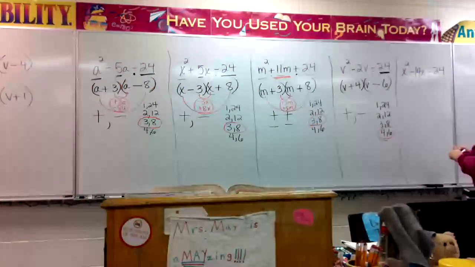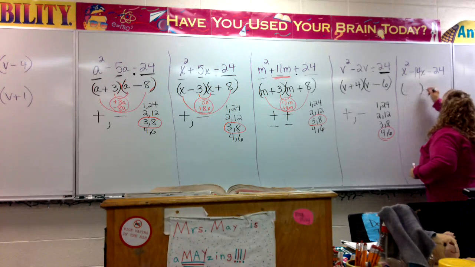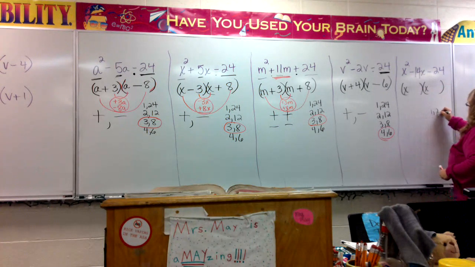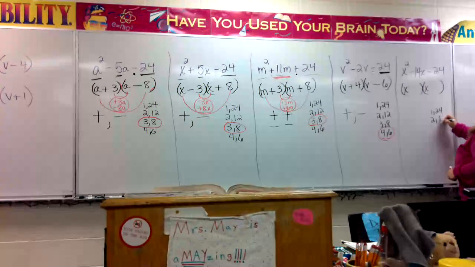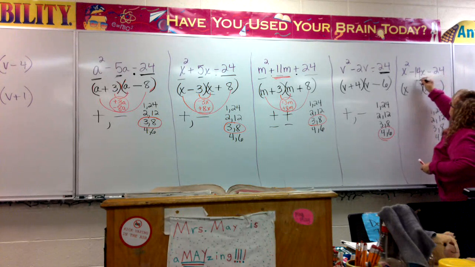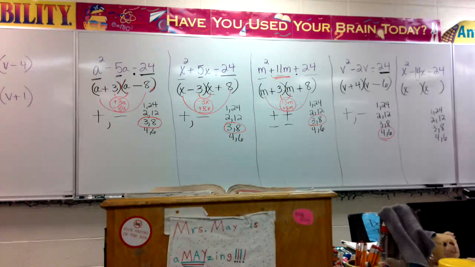So if it factors, x, 24, 1 and 24, 2 and 12, 3 and 8, 4 and 6. I need the pair that will subtract to 14. Find me the pair that subtracts to 14. What's 24 take away 1? 23. That doesn't work.